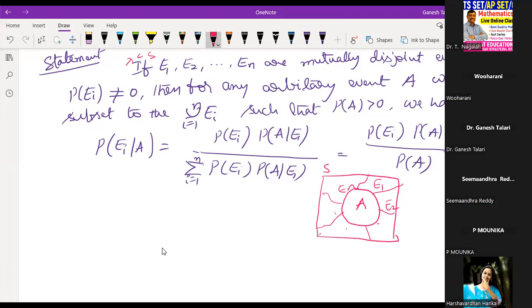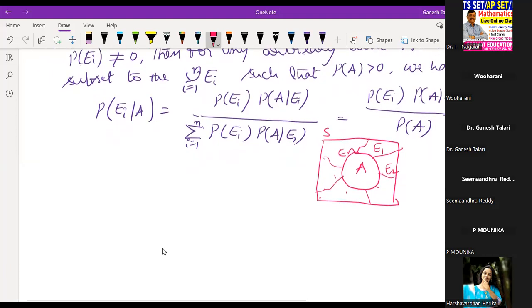The statement is: E1, E2, and so on, En are mutually disjoint, and A is an arbitrary event which is a subset of the union of Ei. What does that mean? A is a subset of the union of Ei.